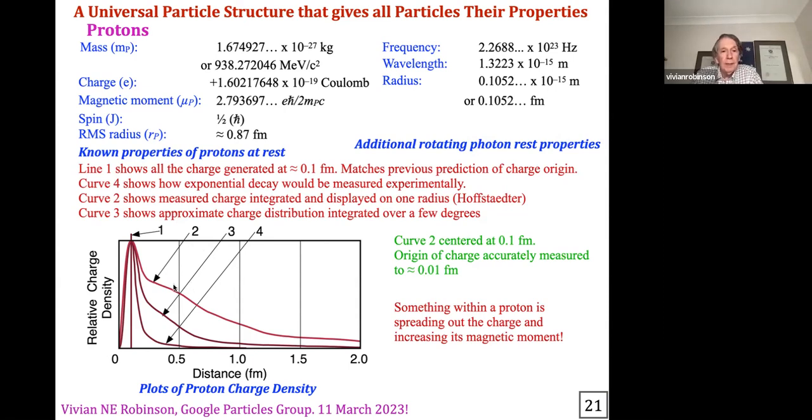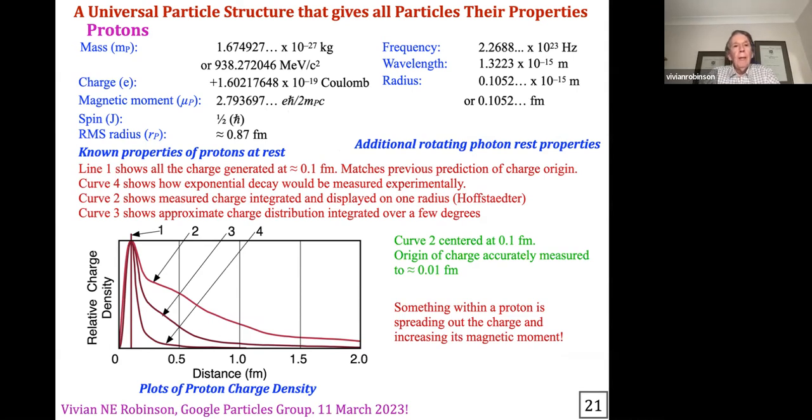Curve 3 is just part of the way between these two. It really doesn't mean anything. But the important thing out of this is that there is something within a proton that's spreading its charge. Instead of being here, it's spread out here, and it's increasing its magnetic moment. So we now investigate what that could be.